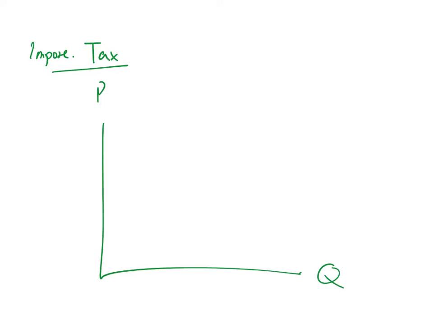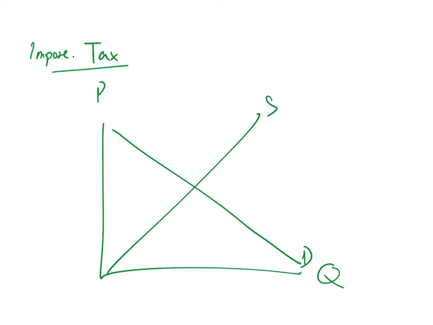So when we draw the supply and demand, we just do what we used to: P1, Q1, and S1. When there's a tax, the supply will decrease, so the supply curve will move upward.